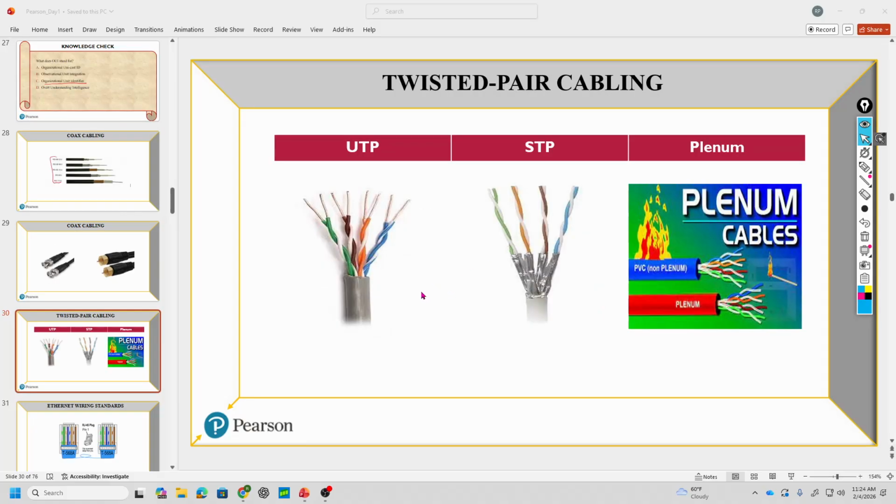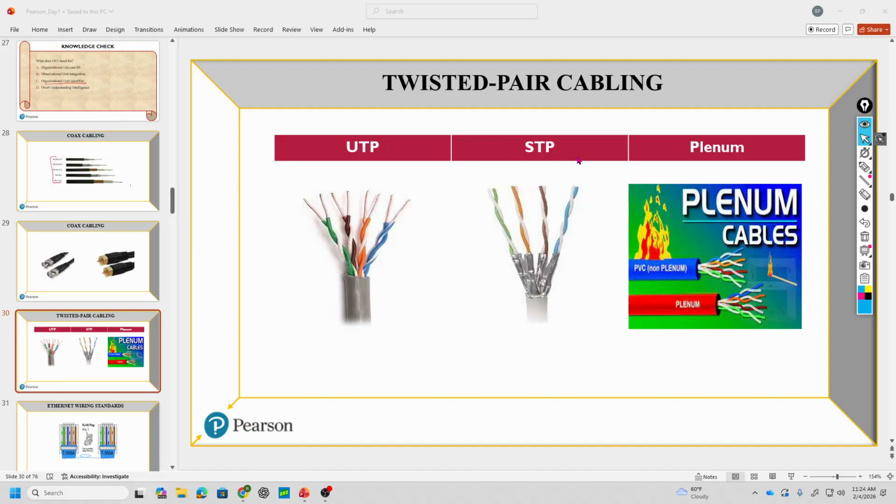And we get to twisted pair, which is the most common, and we'll be using this till the cows come home, so to speak, forever, because it's cheap and flexible, and we use it everywhere. The most common is what we call UTP, or unshielded twisted pair, like here on the left. And you notice that these wires are color coded. They come in pairs, like green and white, brown and brown white, orange and orange white, blue and blue white. So there are 4 wire pairs within it.